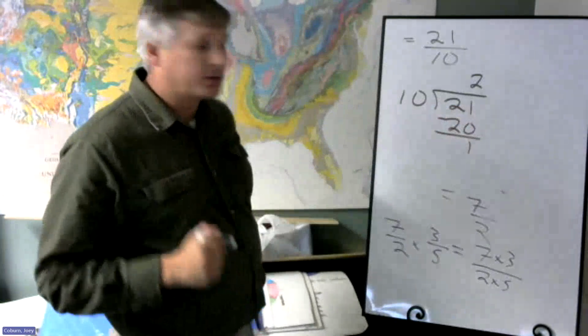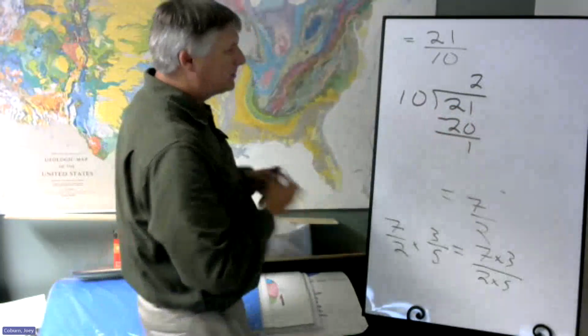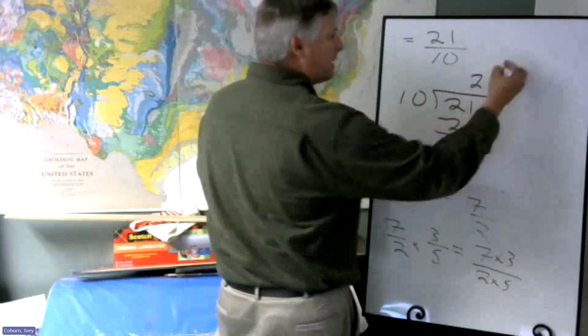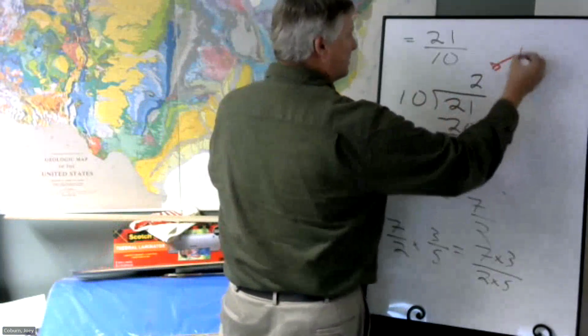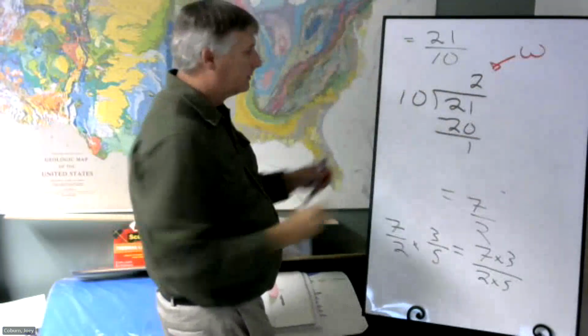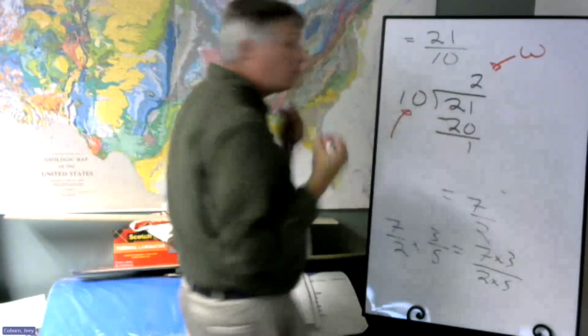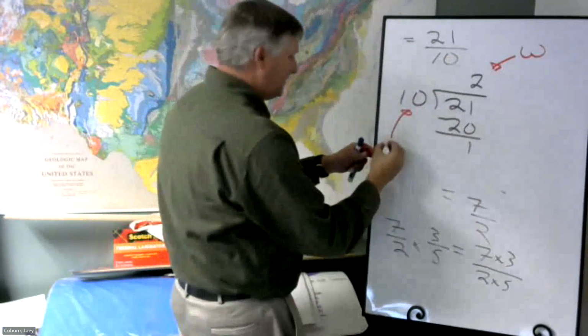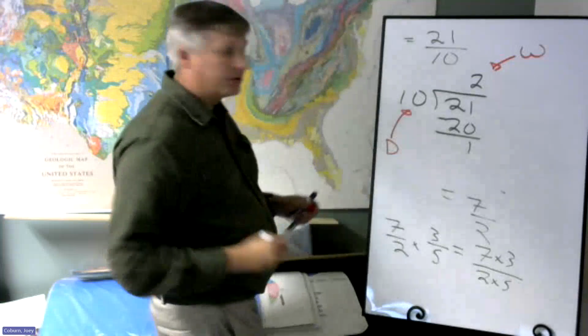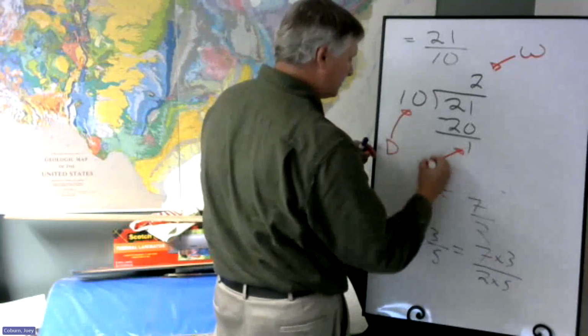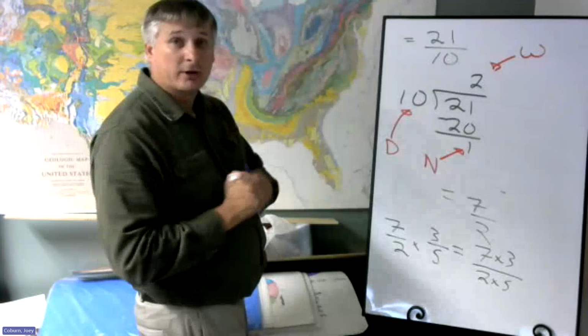So how do we interpret this? Well, the number on top is the whole number. The number doing the dividing, that's going to be our denominator, and the remainder is our numerator.